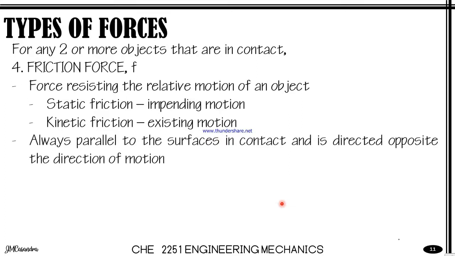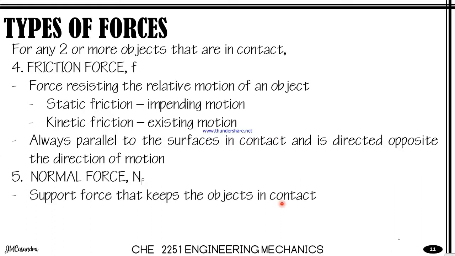For frictional force, since it resists motion, its direction will always be opposite the direction of motion, and it will be parallel to the surfaces in contact. The normal force is N sub F, or for some books, it is Fn, or simply N. To differentiate it from the unit Newton, let's use N sub F. The normal force is the support force that keeps objects in contact.